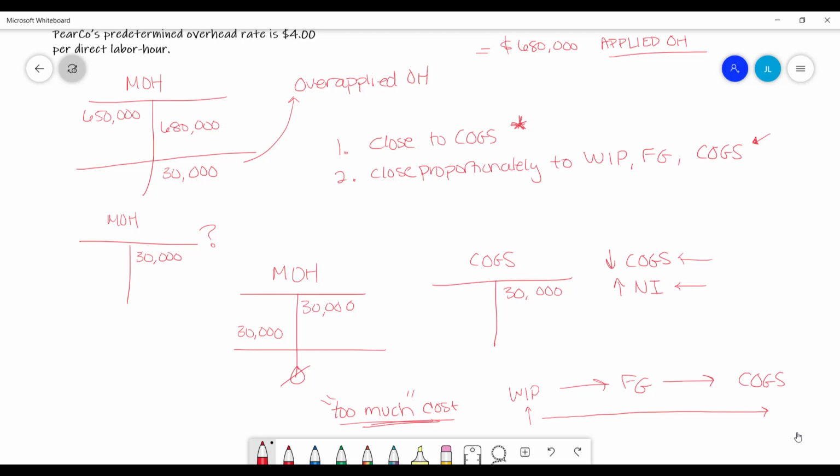So although it was initially thrown into work in process, I'm just going to go ahead and decrease cost of goods sold by skipping a couple steps. Now with the second method, instead of just doing the overall decrease to cost of goods sold, the entry to close the manufacturing overhead account is proportionately added to or taken away from those 3 accounts.